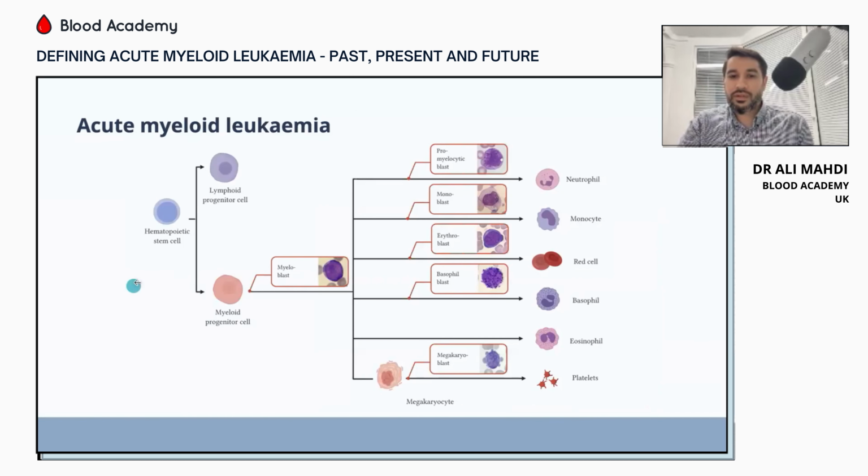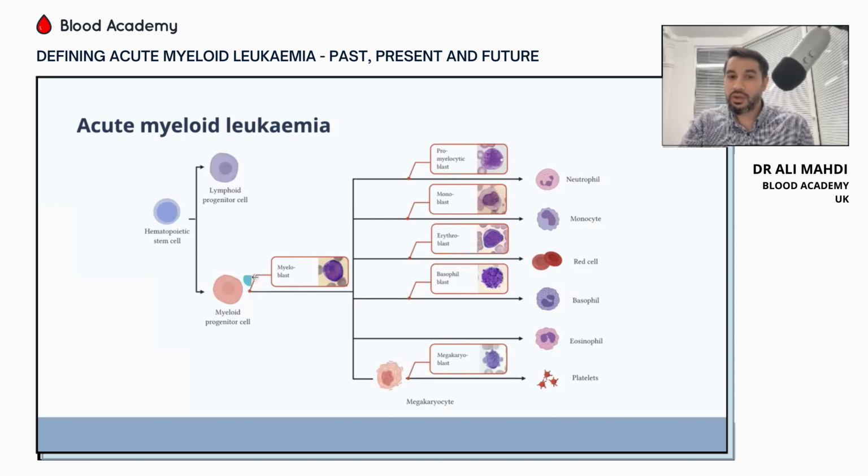So this just gives us an idea of the different morphologies that we can see based on where that maturation arrest occurs. We're concentrating in this talk purely on the myeloid lineage, but depending on where that maturation arrest occurs and that proliferation of those malignant cells, you can get different cells with regards to their morphology.